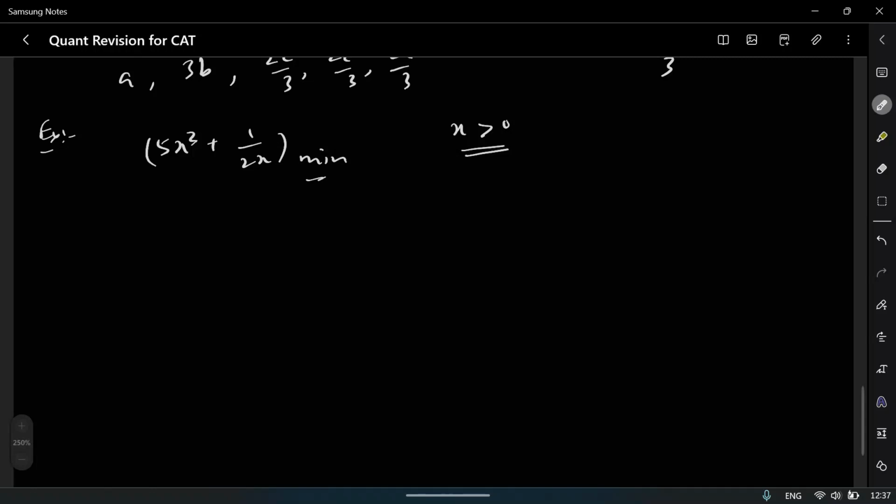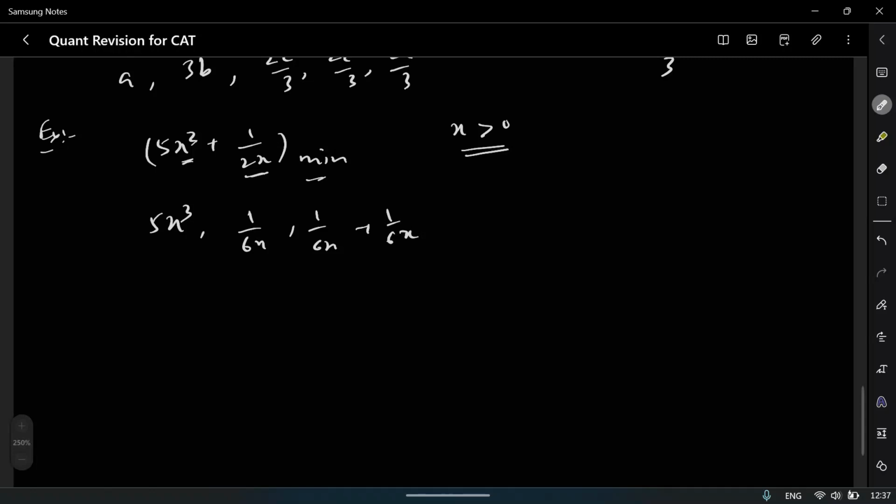How are we going to find this? If you observe, in the denominator we only have x, but in the numerator we have x cube. Since we have to compensate this x cube, we need three terms in the denominator, right? So take 1 by 6x, 1 by 6x, 1 by 6x.